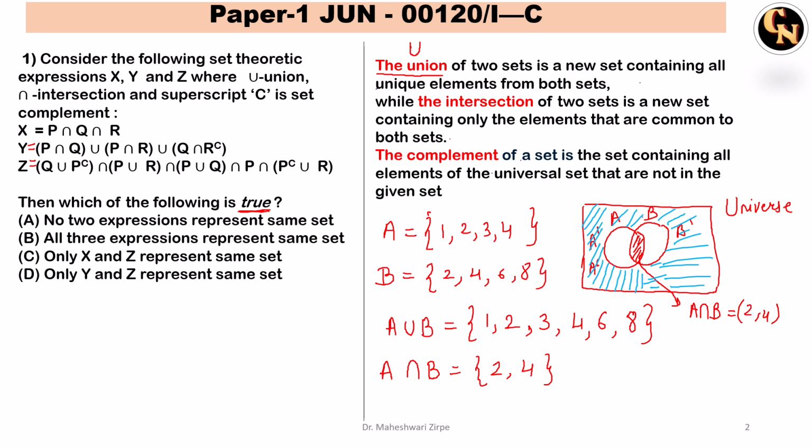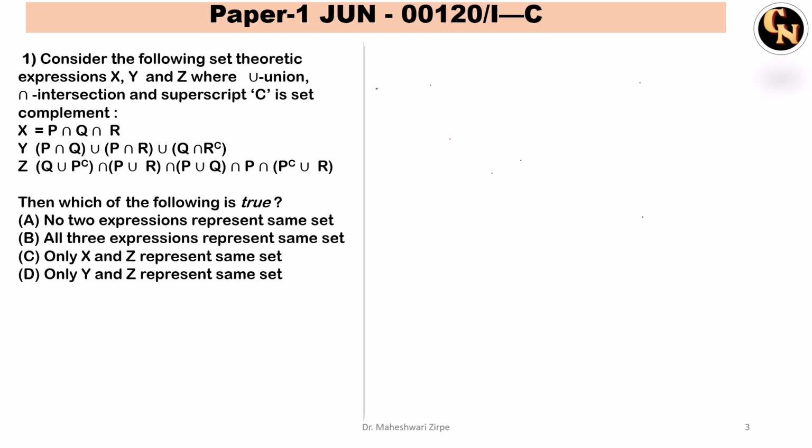So let us begin with our example. For example, they have given us X, Y, Z expressions, and these expressions we are going to solve and see which of these have the same sets. So first, they have given us X is equal to P intersection Q intersection R. It is very simple.